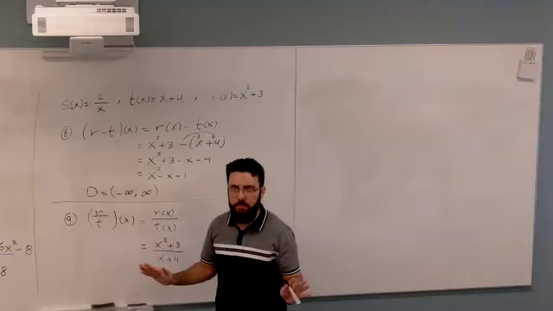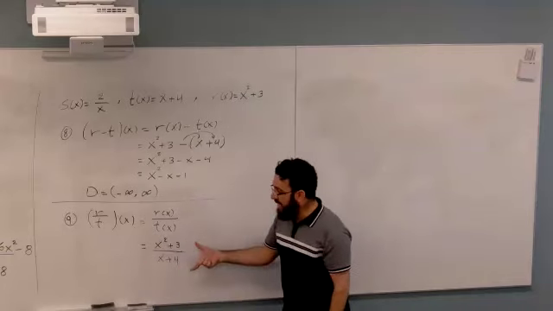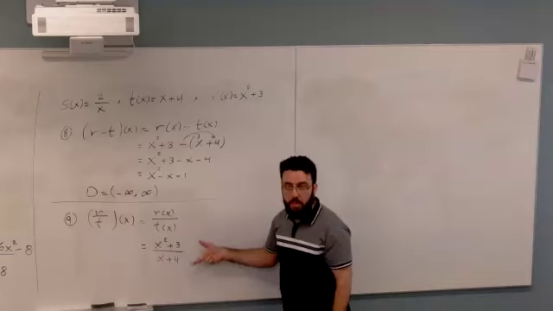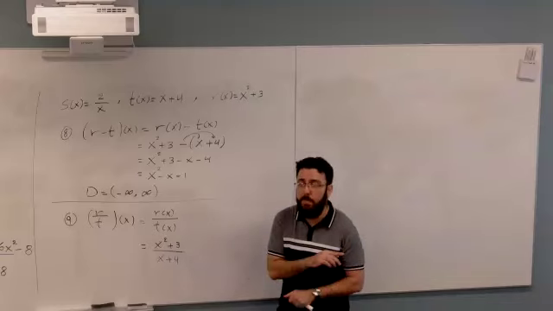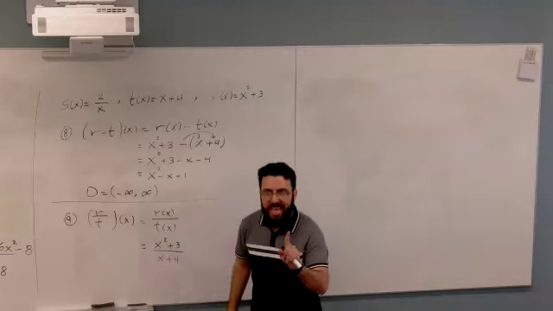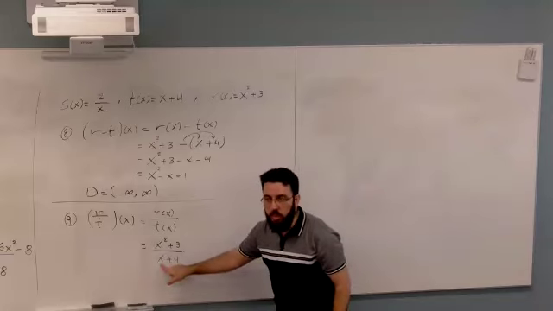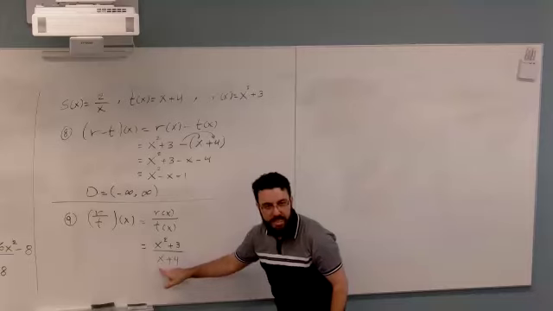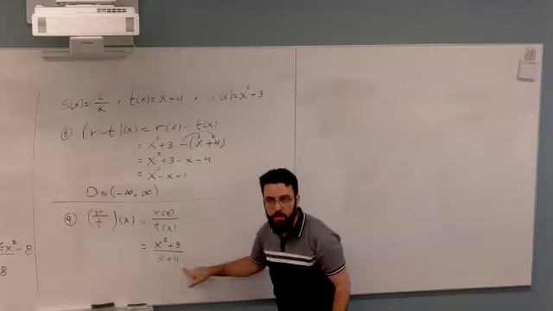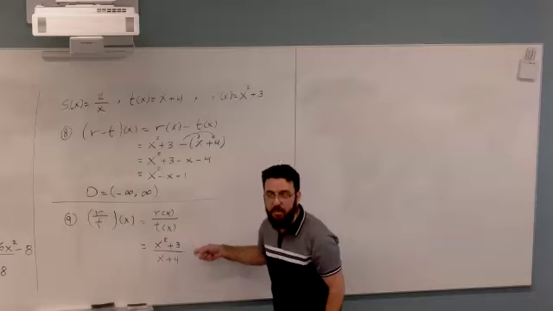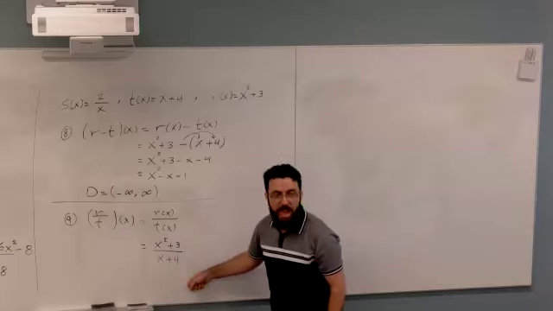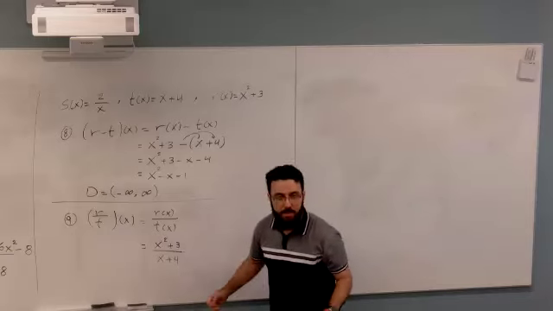If you go to number 9, the domain, yes, I can plug in all the numbers except negative 4. Because when you plug in negative 4 here, negative 4 plus 4 is going to be 0, and any number divided by 0 is undefined. That's a problem.